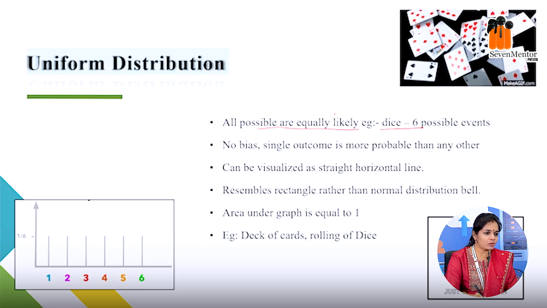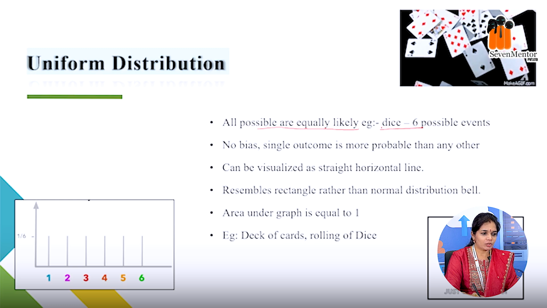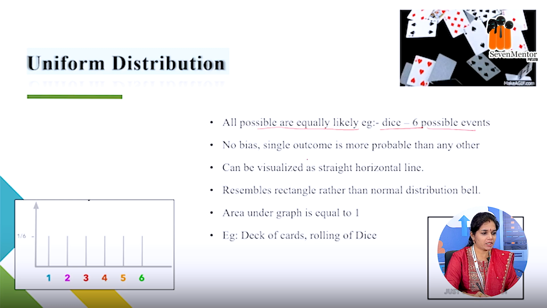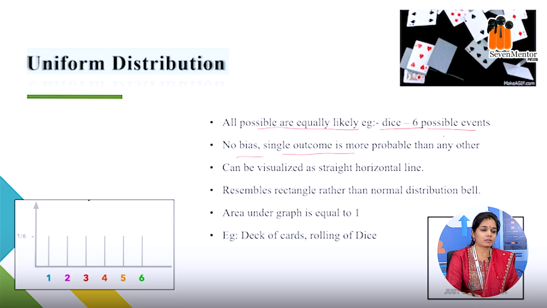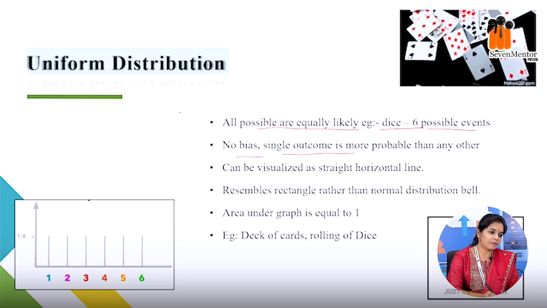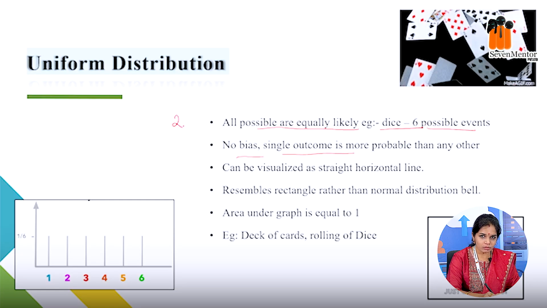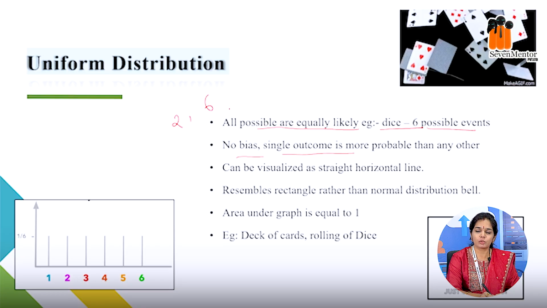So logic we use and apply in our day-to-day lives also. Like rolling of a dice, 6 possible outcomes it will give, right? No bias, single outcome, because if I just roll a dice, will it just give 2? No, because it is not biased. Will it give only 6? No, it won't.